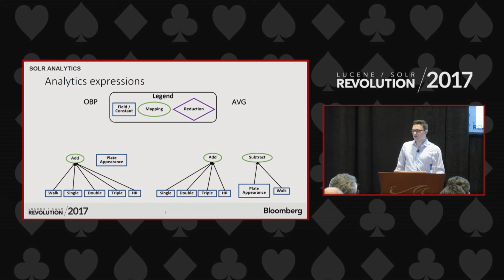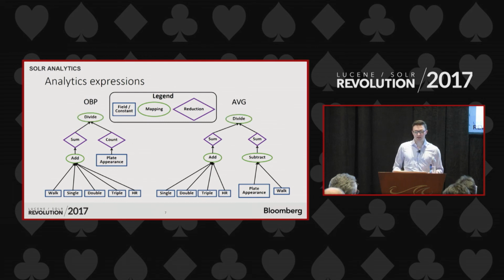Once the mapping has been done, then we can compute reductions over fields and mapping functions over fields. These reduce down into a single value, which then can be mapped into our overall result. So as you can see, it's not that hard to actually build up an analytical expression to really compute whatever you want.